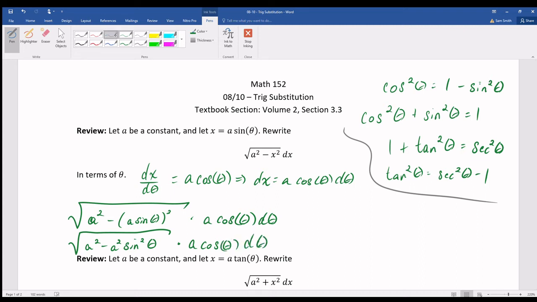So if we go ahead and use the Pythagorean identity, we can replace the quantity under the root with a squared times cosine squared.